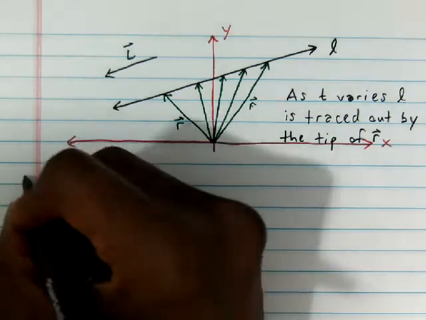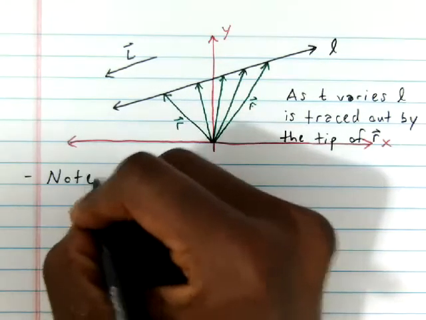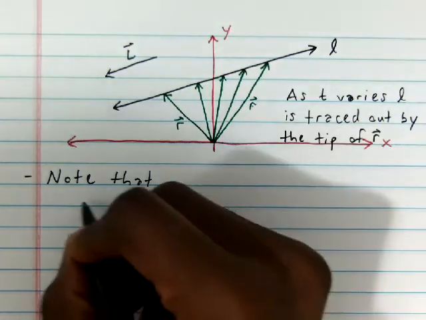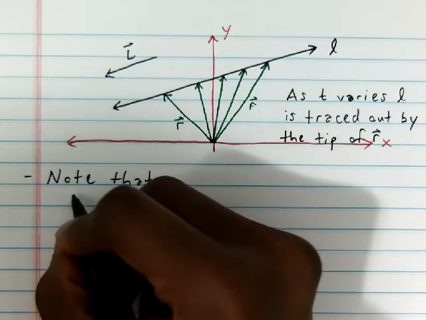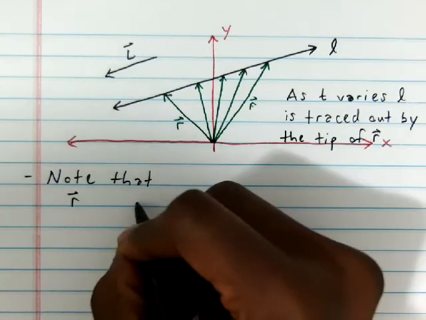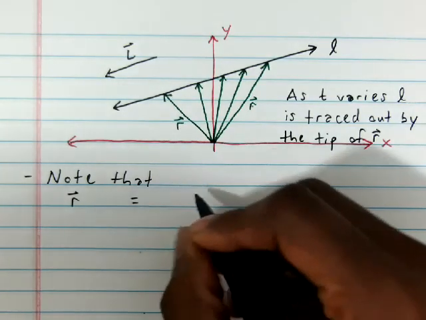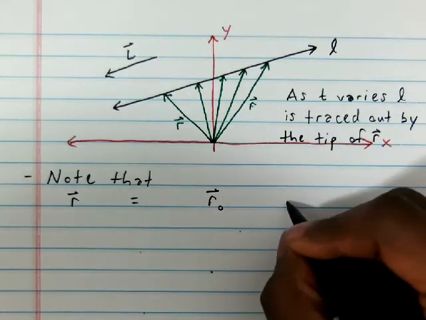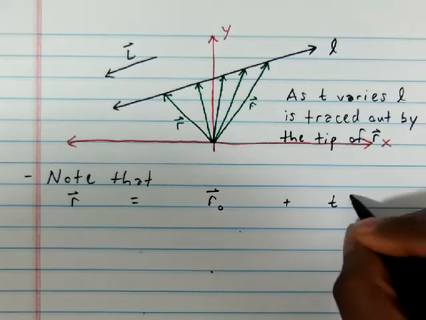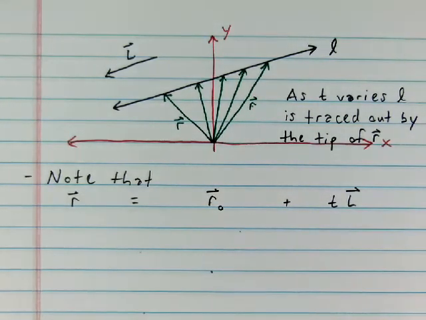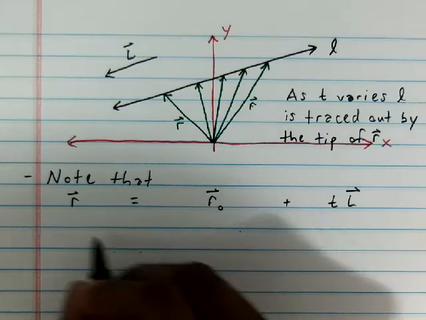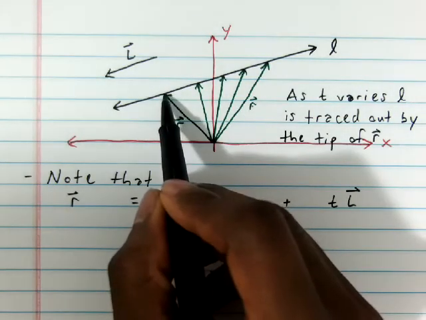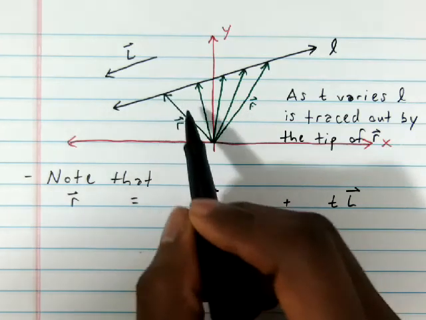So now, note that, let's do this: R, and leave a good amount of space, equals, and leave some more space, the vector R naught, and then another gap, and tL. So what this is going to give us is the x, y, z coordinate on the line, or in this case x, y, but I'm going to use x, y, and z.